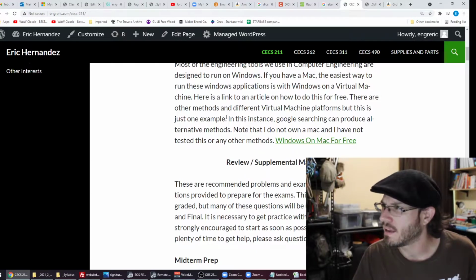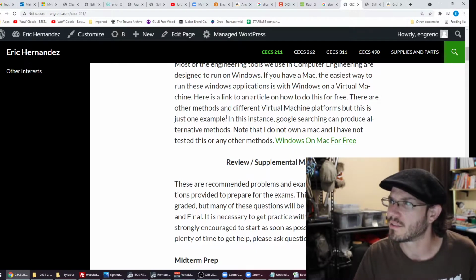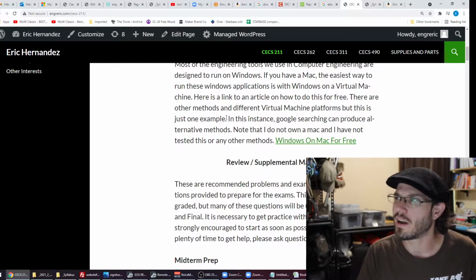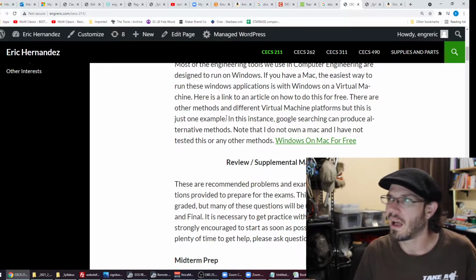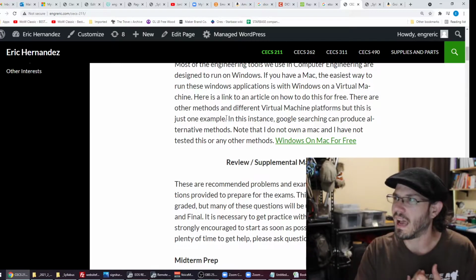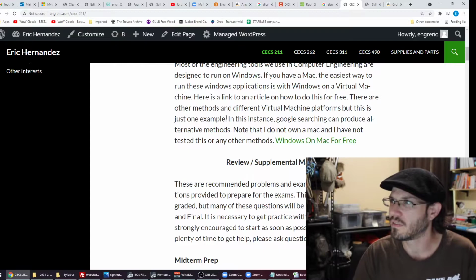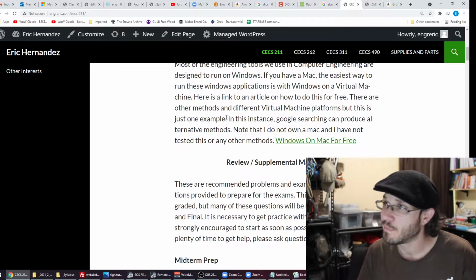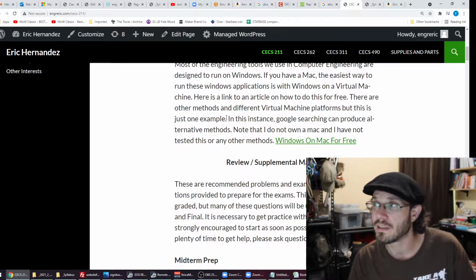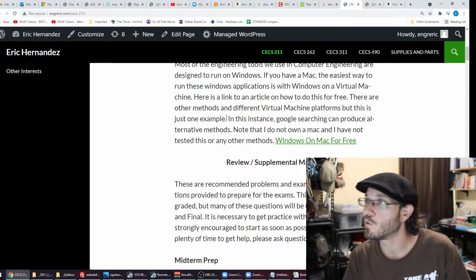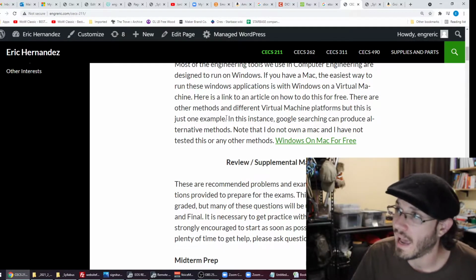So you're in the Mac environment, you run some virtualized Windows software, and then you're able to run Windows applications on that. So many classes you're running Xilinx or certain types of compilers, or especially your embedded systems classes like 346, 347, 447, those are Windows exclusive apps.